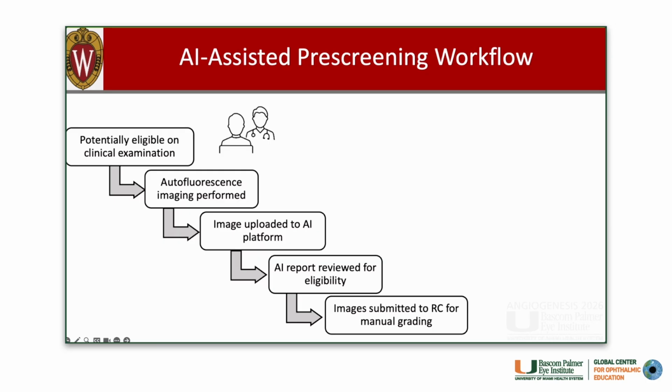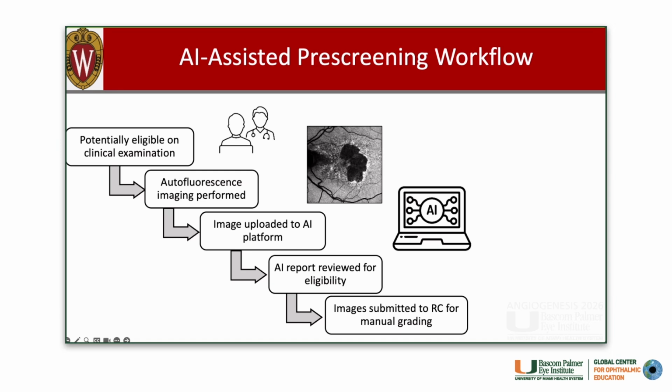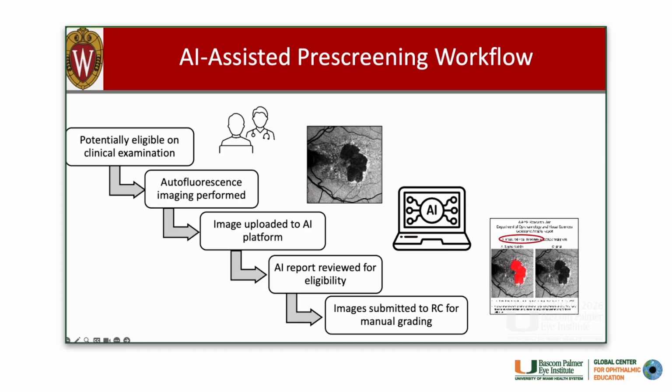The retina specialist examines the patient and determines whether the patient is potentially eligible, as we would normally do. Autofluorescence imaging is obtained, and those autofluorescence images are uploaded to the AI platform, and a report is available in real time. Images are also submitted to the reading center for manual grading.